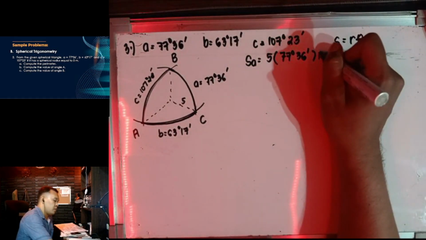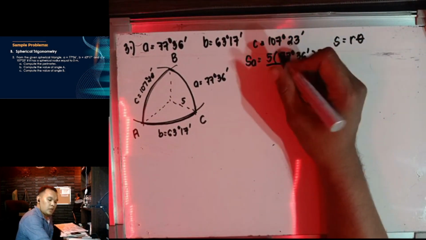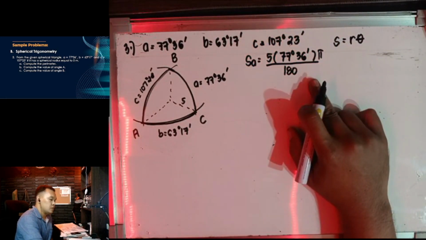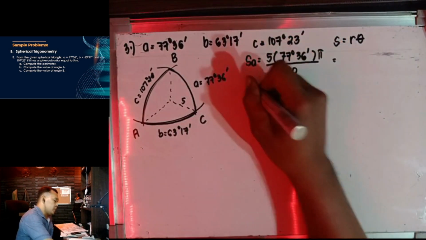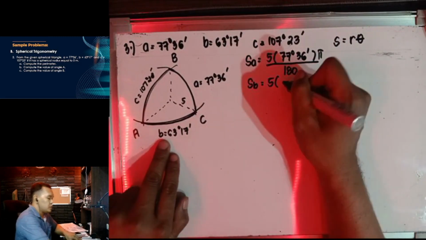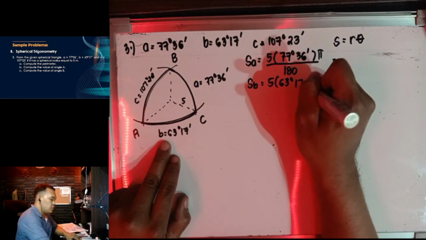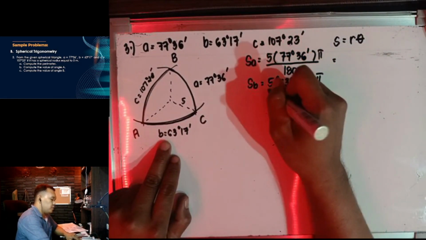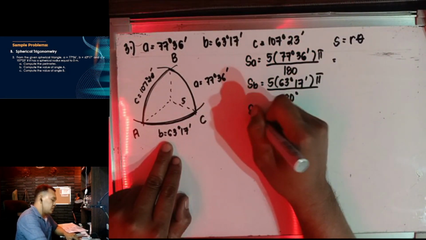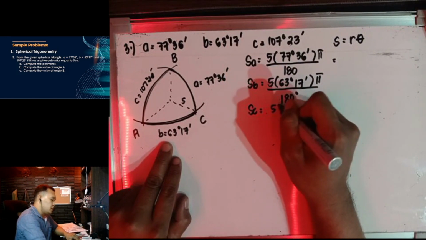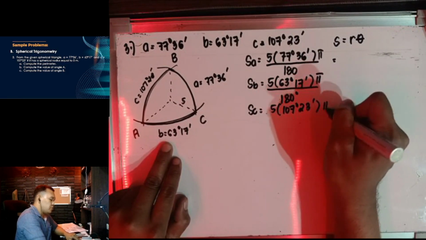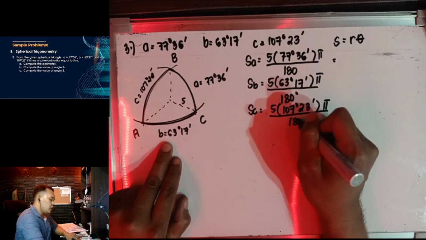So pi over 180, or 2 pi divided by 360. Okay? So for side B is equivalent to 5 still, times its angle, which is 63 degrees and 17 minutes, pi all over 180 degrees. And we have side C is equivalent to 5 times 107 degrees and 23 minutes, pi all over 180.